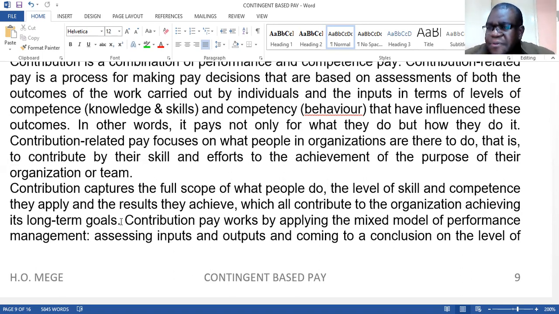Contribution. So we look at your performance, the skills and competence that you have, and the extent to which you utilize that to uplift the performances of the individual and for the betterment, not only of you and achieving your targets, but the entire team, the entire organization.